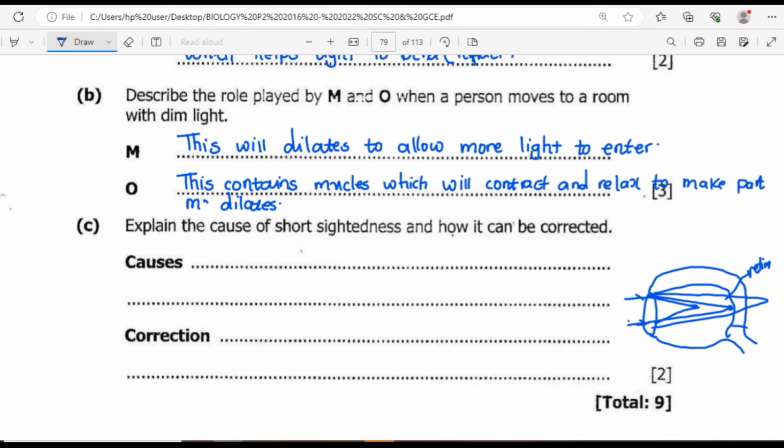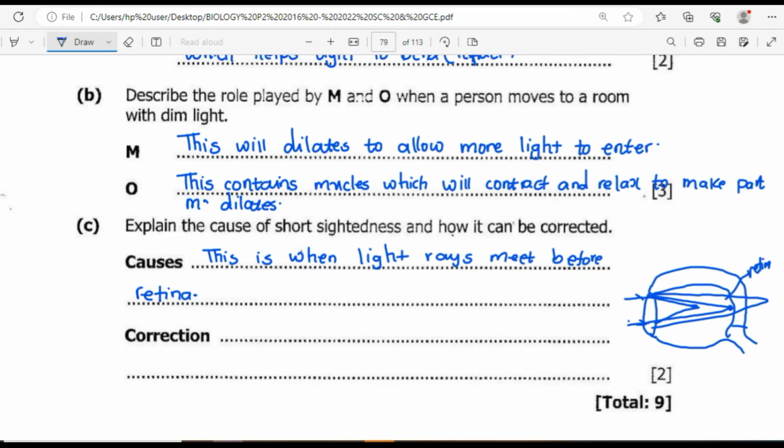So we say the cause is when light rays meet before the retina. This can be because the vitreous humor has too much strength, as a result making light bend more, or maybe there is an enlargement of the eyeball.